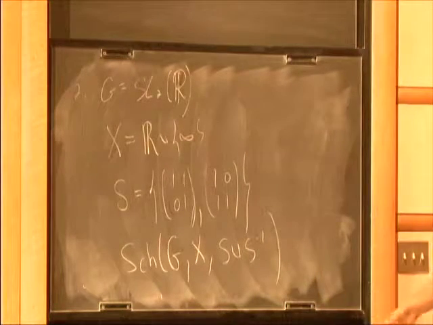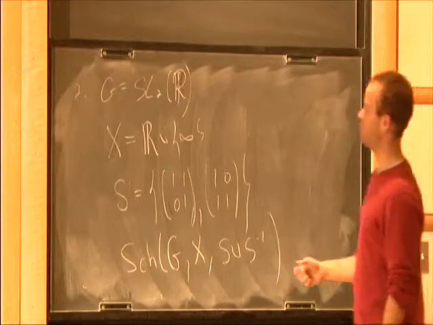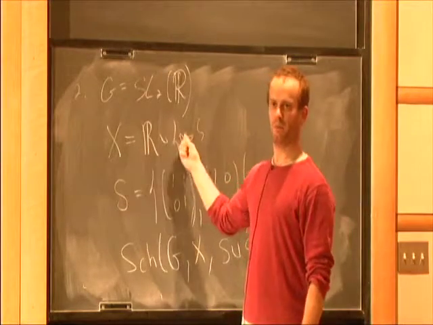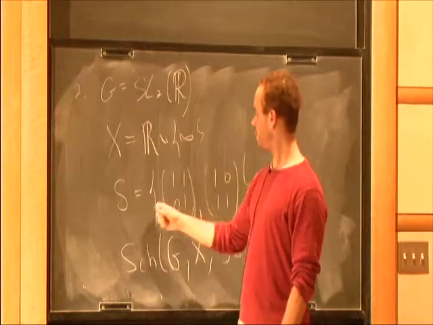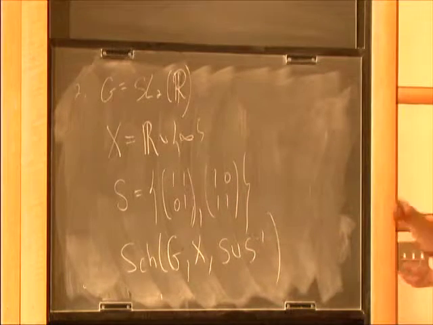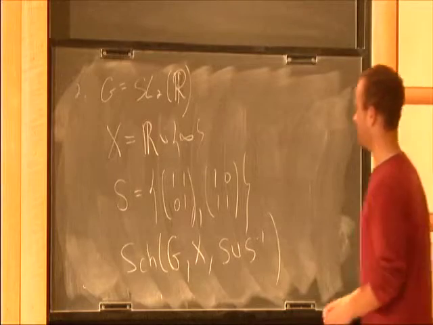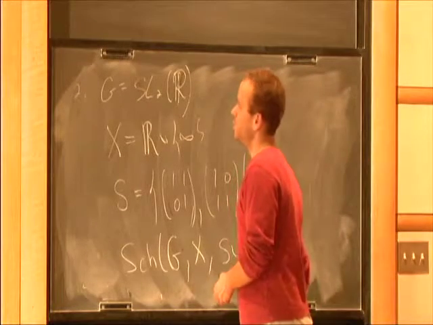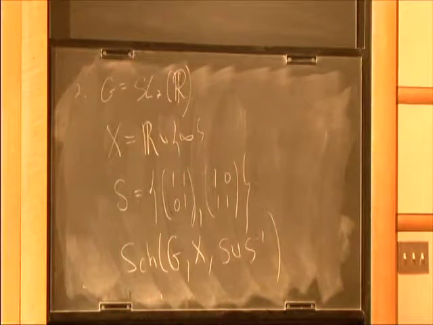This is some graph. The vertices are the real numbers and infinity. The edges are defined by these maps. It's a finite degree graph. Okay, so these are examples of actions and of some Schreier diagram.